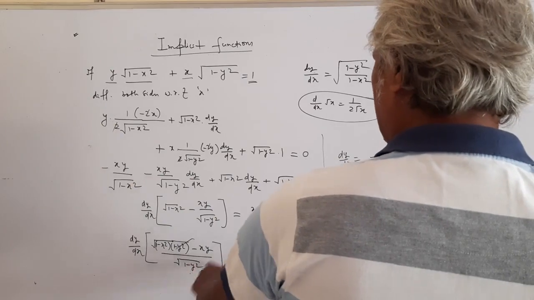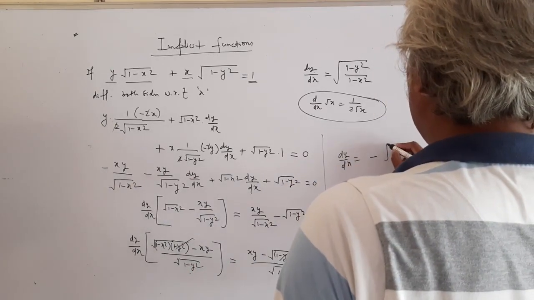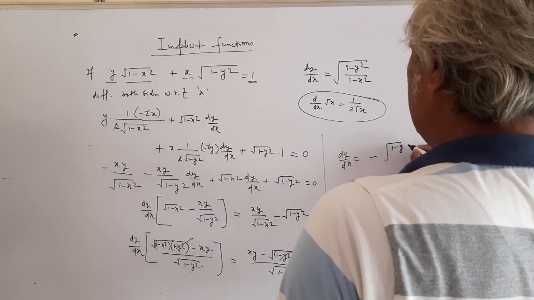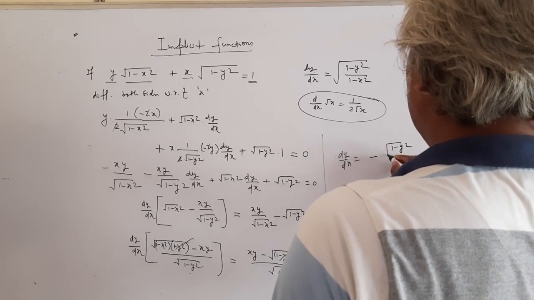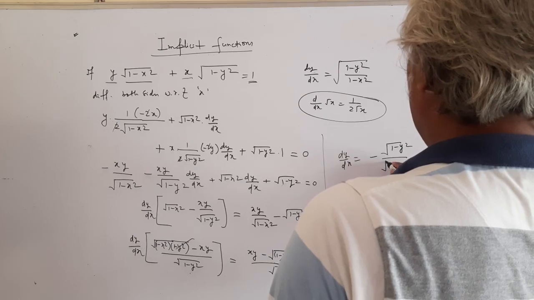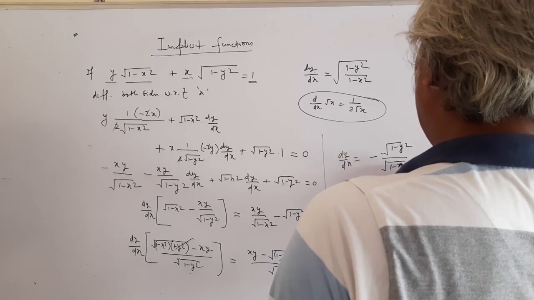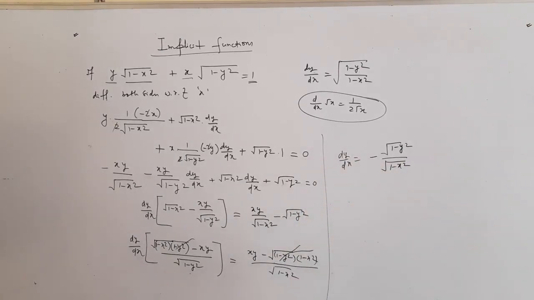So here this one will go up. So under root 1 minus y square upon under root 1 minus x square. So we have everything proper, only there is a sign difference we are feeling.